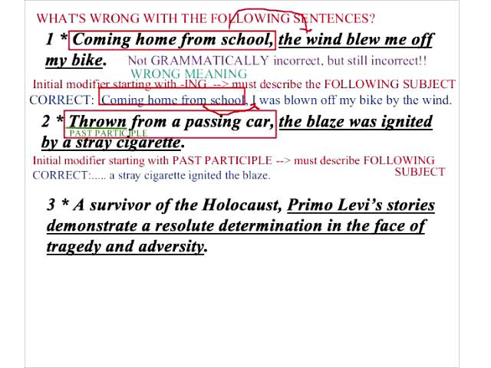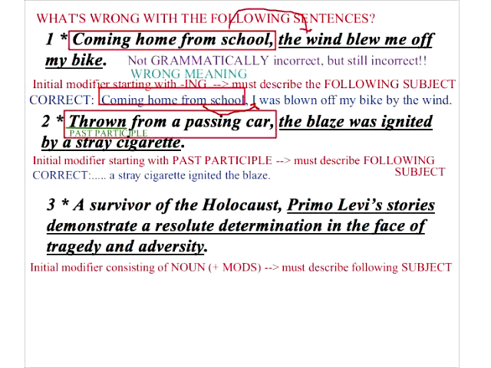Yeah, you've got a survivor of the Holocaust. So again, we've got to figure out what the deal is here. When your initial modifier consists of only a noun, or a noun plus modifiers, then that also must describe the following subject.